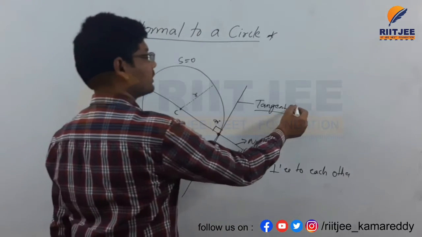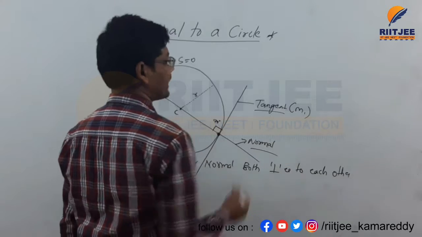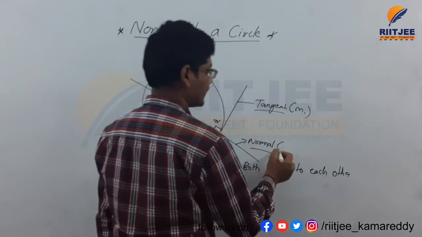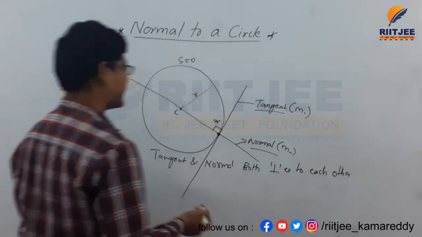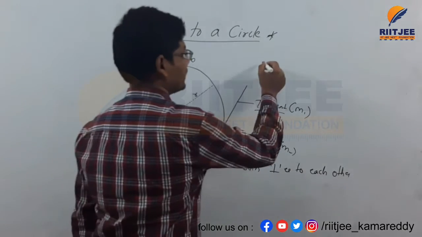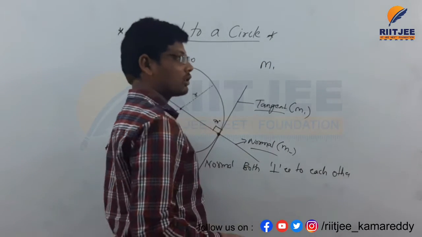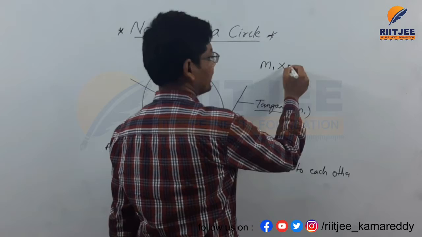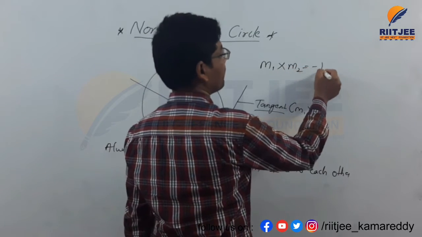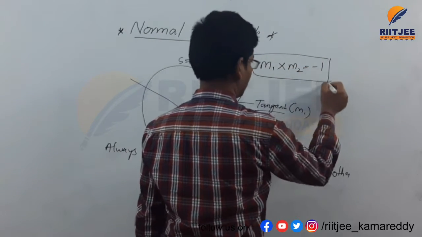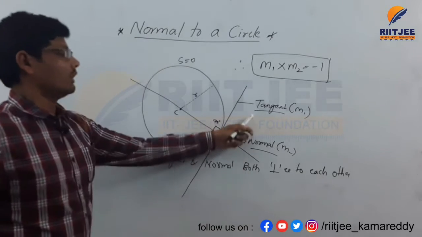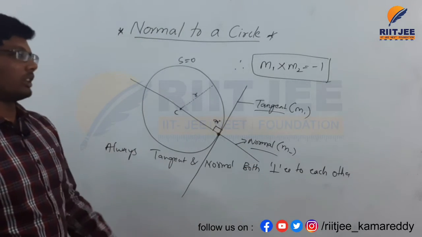For example, if the slope of tangent is m1 and the slope of normal is m2, the product of their slopes, m1 into m2, is equal to minus 1. This is the condition for tangent and normal slopes.